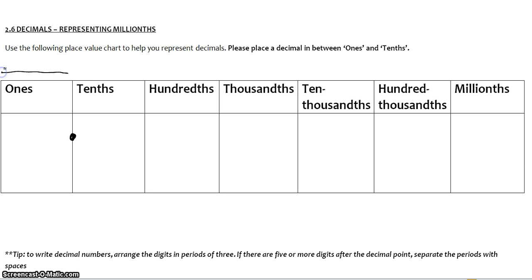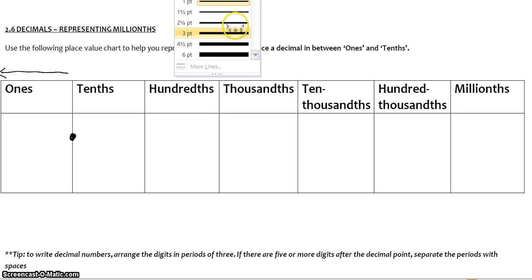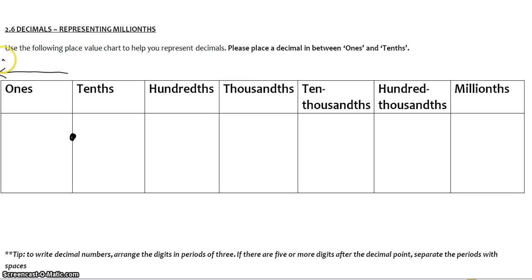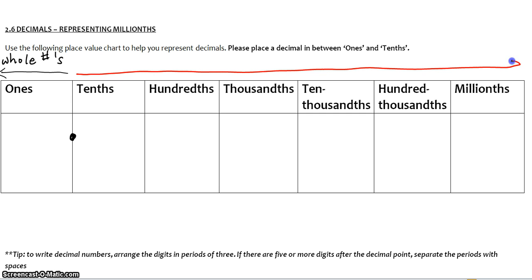So to the left of the decimal, we always have whole numbers. And then to the right of the decimal, we deal with decimal numbers. And it continues on in both directions.